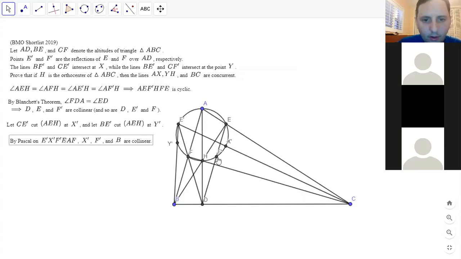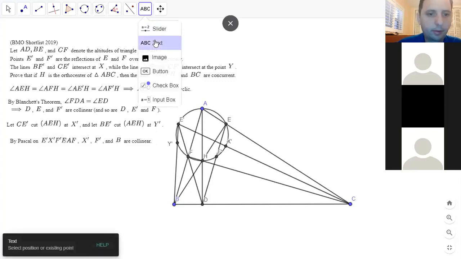Okay. Because EE intersects F prime at the point at infinity, and then EX prime and AE intersects at C, and then AH and EF prime intersect at D. So the other two have to intersect at point B. Okay.